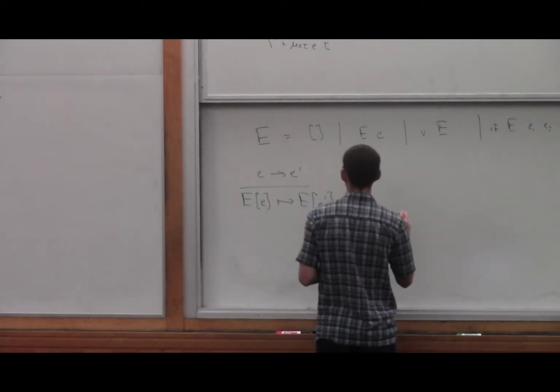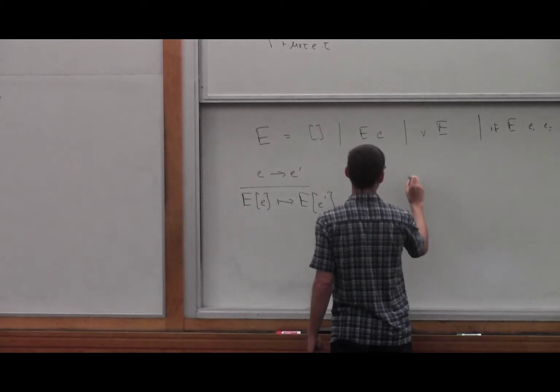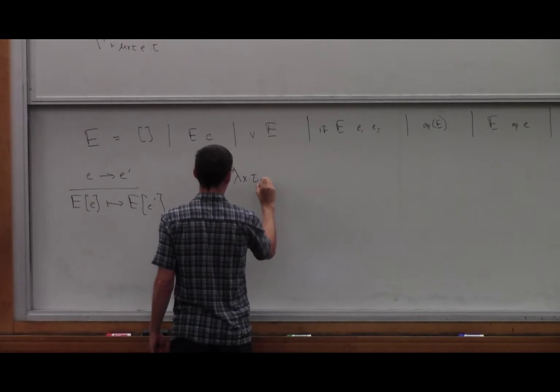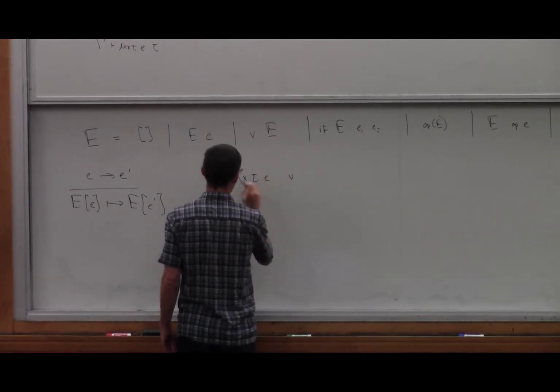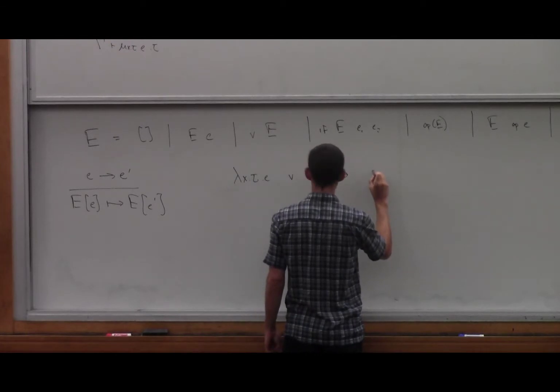Okay. So what do our rules look like? We have our usual beta rule.